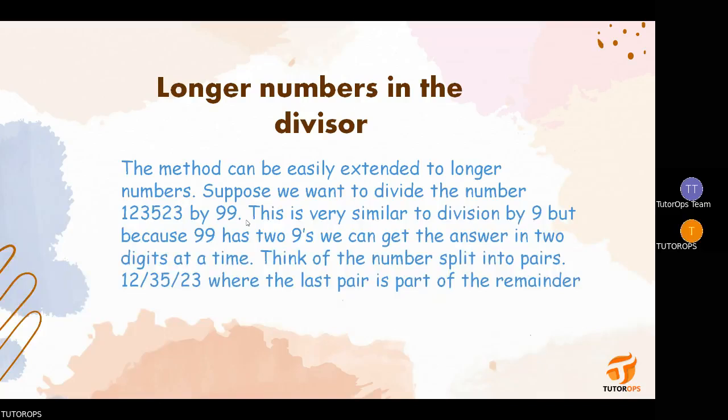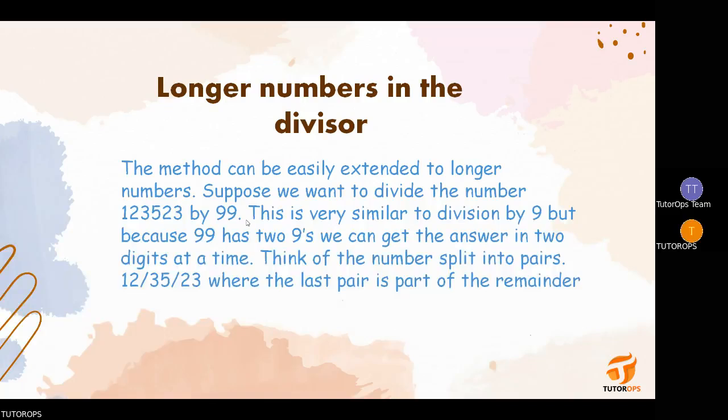So let me explain why we can get 2 digits at a time. Because we know that if we divide a number by 99, we can get the remainders from 0 to 98. So we can get a remainder of say 67 also, or 71. So a 2-digit remainder can be generated.